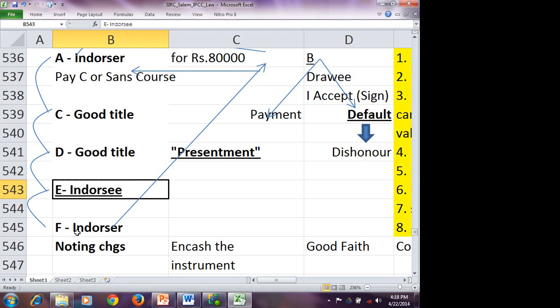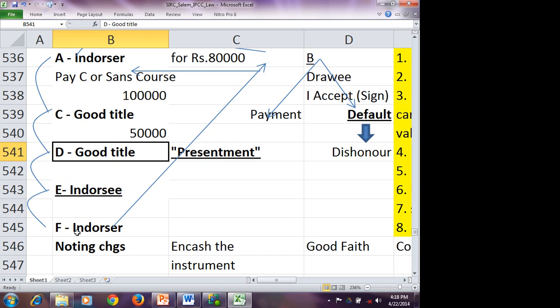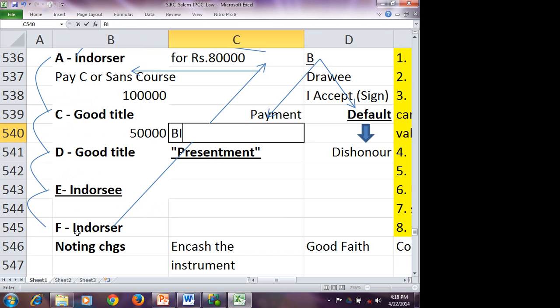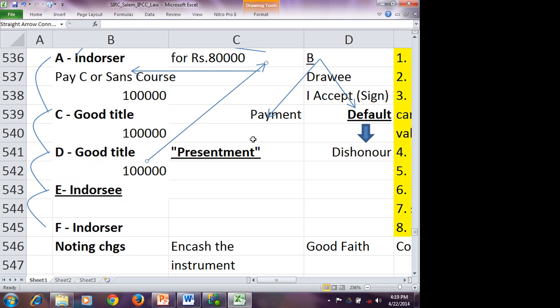Partial endorsement. A endorses the instrument for 1 lakh rupees. C endorses to D only 50,000. That is actually not valid, because in India partial endorsement is not valid. You cannot tear the instrument into two. But let's assume that the instrument is drawn for 1 lakh rupees originally, and A endorses the instrument to C for 1 lakh, C endorses the instrument to D for 1 lakh. On the maturity date, D presents the bill to B. B makes a payment of 50,000.